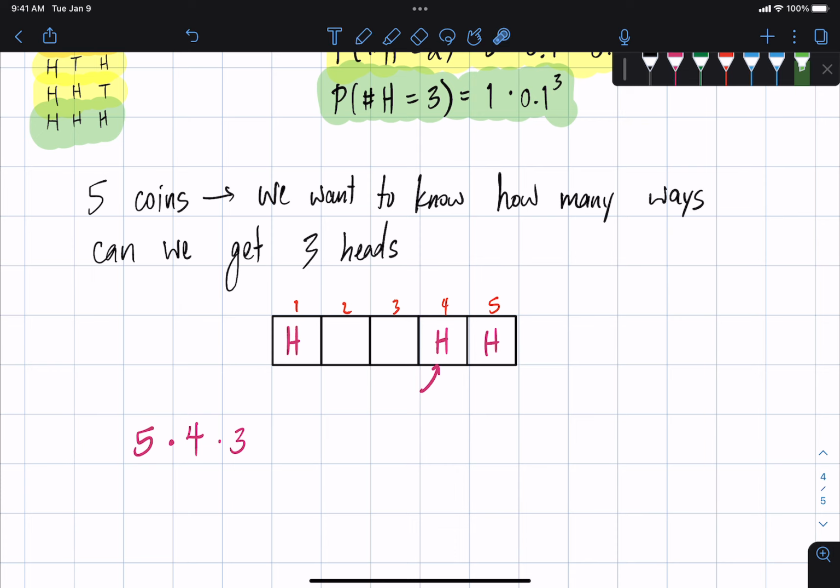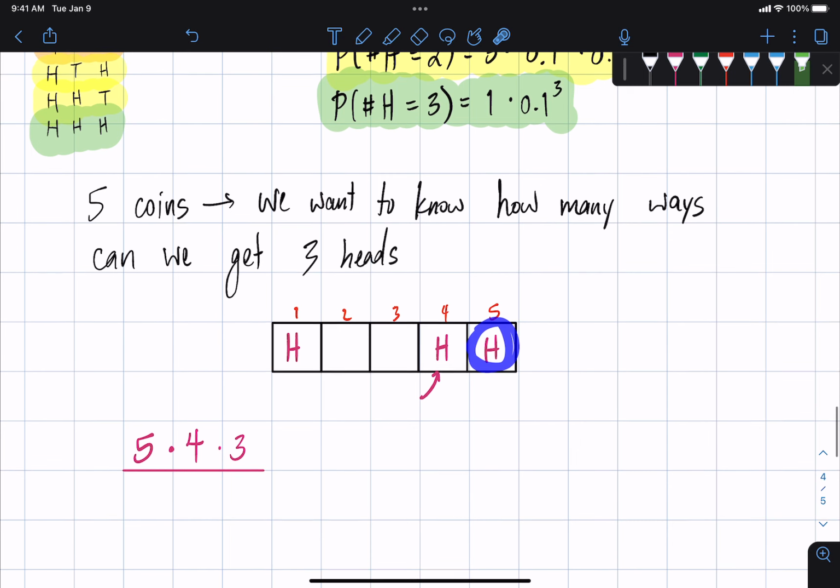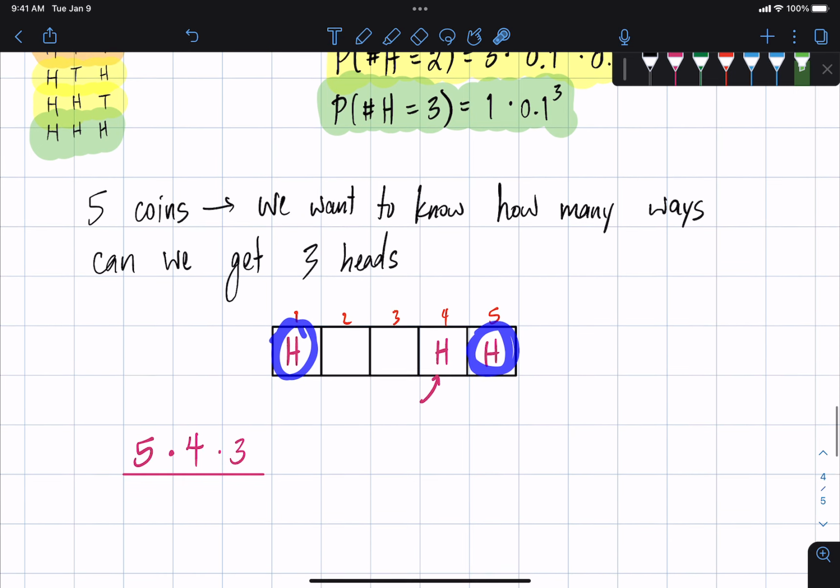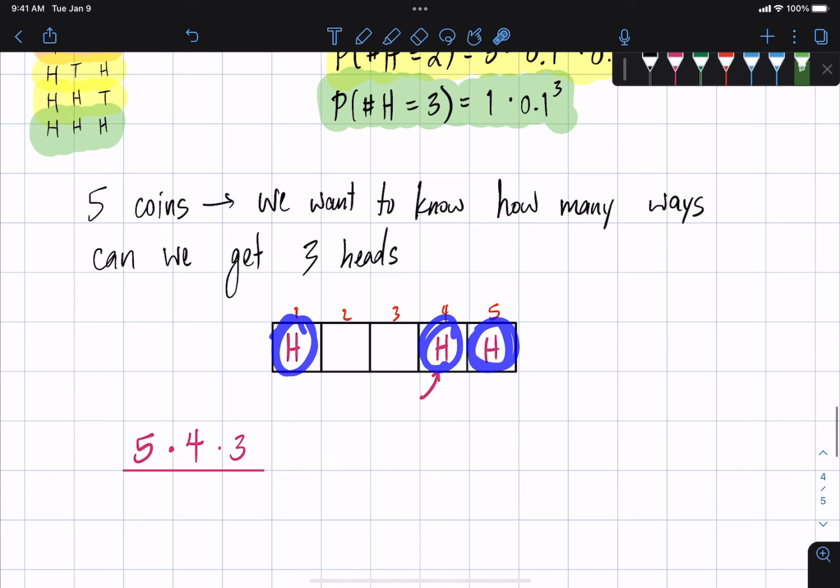But of course, if we had started off in 1 and then gone to 4 and then gone to 5, that would have been the same thing. Or if we had started off in 5 and then gone to 1 and then gone to 4. And so we can ask, how many different ways are there to do this? And it turns out, for the order of picking the heads, you could choose any one of these to go first, and then there's 2 options of what goes second. Maybe we choose this one, and there's only 1 option of where we laid down our third head. So that is 3 times 2 times 1.